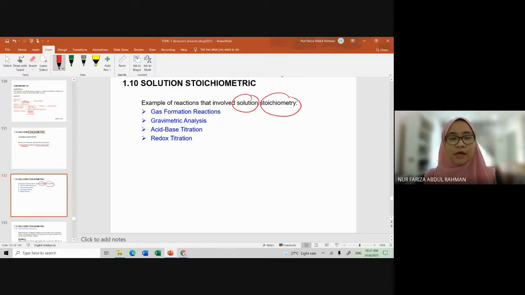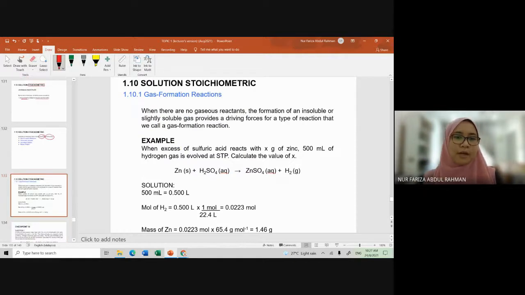Examples of reactions are gas formation reaction, gravimetric analysis, acid-base titration, and redox titration. Okay, let's look at them one by one. Gas formation reaction. From the name of the reaction itself, the reaction produces gas. Okay, all right. So maybe we can look at the example.